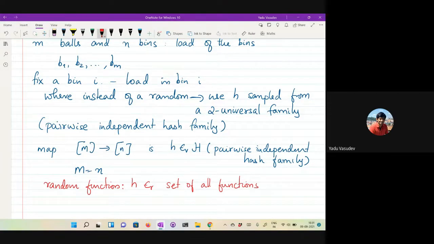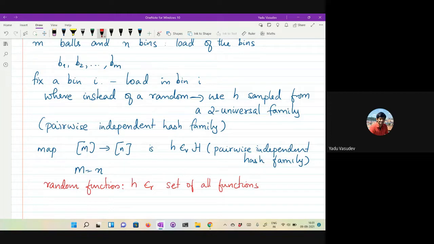So in the case of a random function, what was the expected load? Can someone tell me what the expected load is in the case of a random function? Yeah, m over n in the case of a random function.